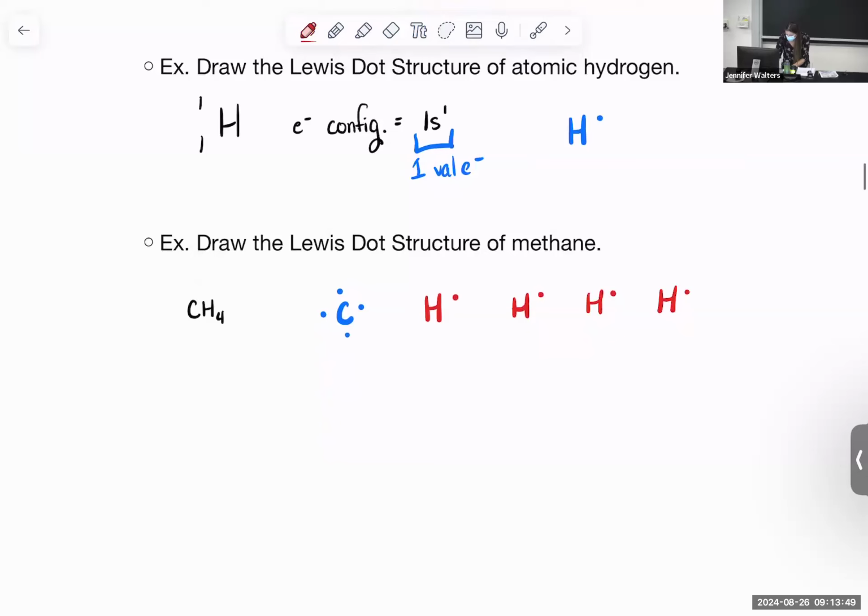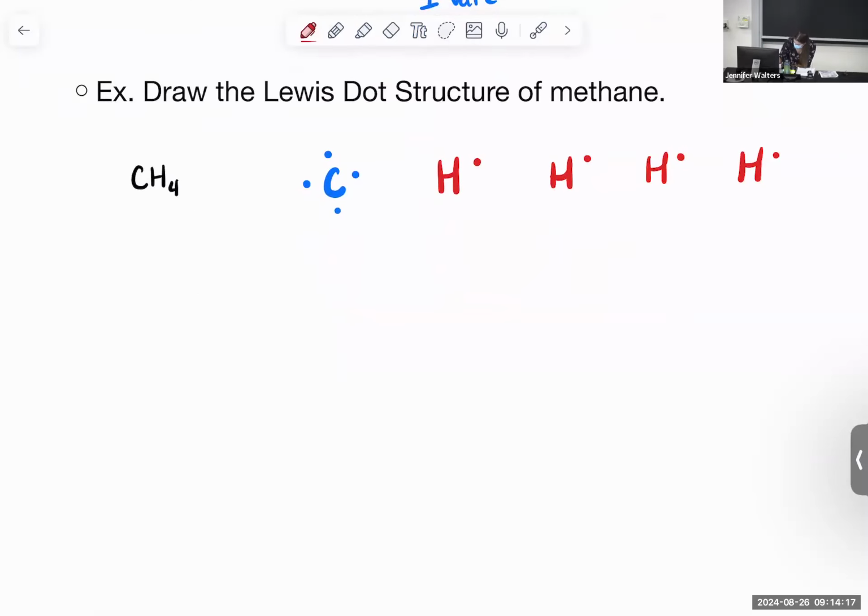We're essentially just going to pair them up, because they share their electrons in covalent bonds. How do I know it's a covalent bond? They are equally sharing electrons, but even more than that, they're both nonmetals. Remember, a metal is what makes you ionic. Two nonmetals, you are covalent.